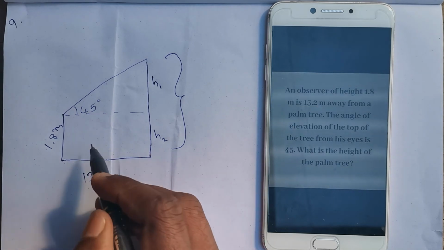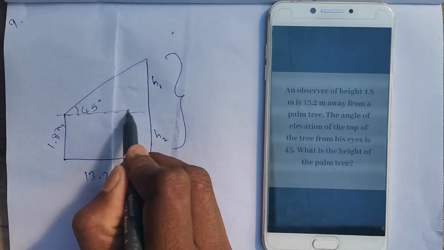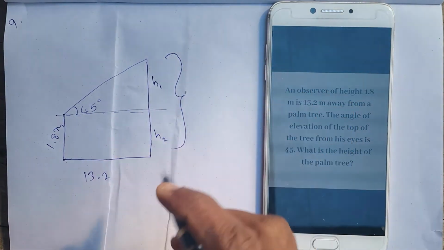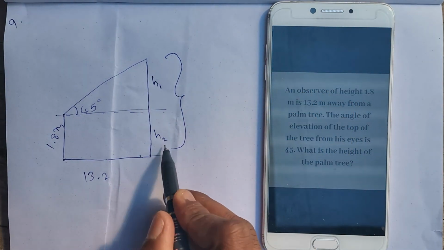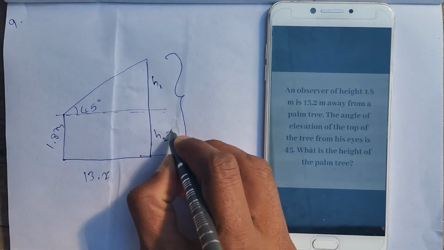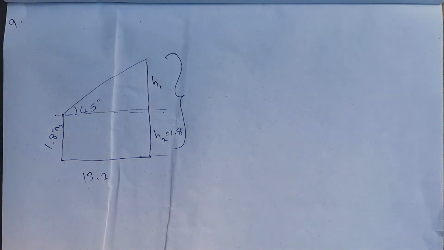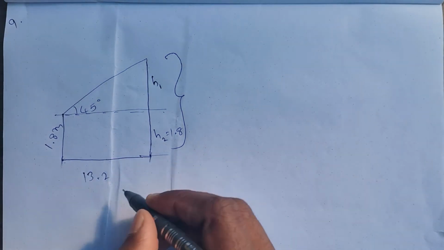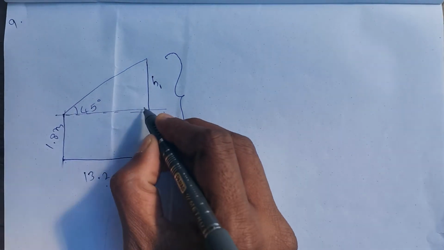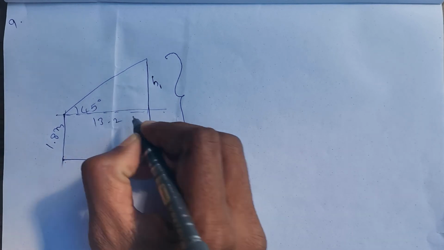This H2 is exactly this measurement, same from here to here, from here to here. H2 is nothing but 1.8. So H2 we got already without any calculation, 1.8 meters. Then what about this H1? From here to here it is 13.2, means from here to here also it will be 13.2 only.